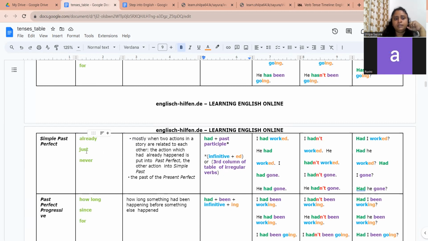So already, just, never, these are the signal words. Why do we use simple past perfect? Actually, simple past perfect usually goes with two sentences together. Right? Mostly when two actions in a story are related to each other, the action which had already happened is put into past perfect. The other action into simple past.